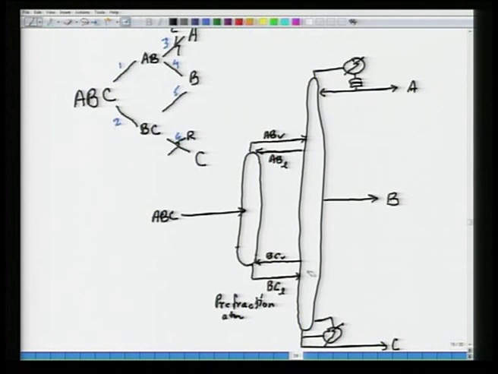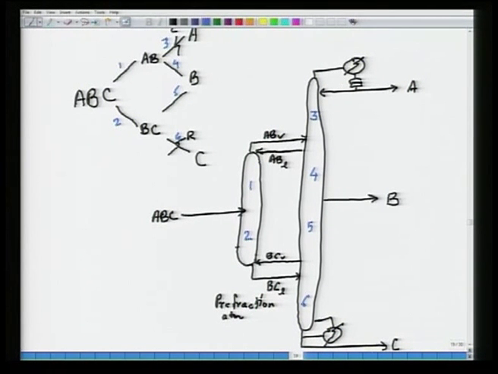Okay. Now, if I look at the column sections, this is 1, this is 2, this is 3, this is 4, this is 5 and this is 6. Compare this with the state task network that we have here and you see what is going on.